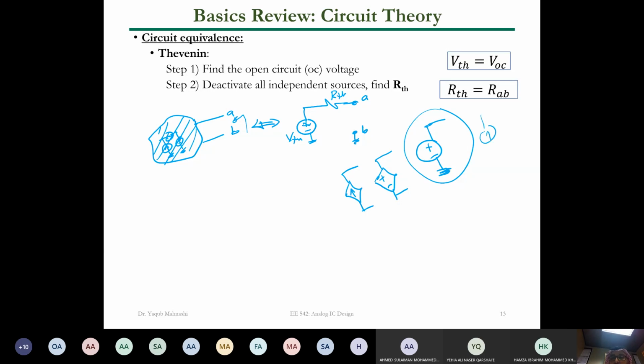So the current can be an independent source, coming from whatever the source. But what about dependent sources? Why do we need dependent sources? What do you think?